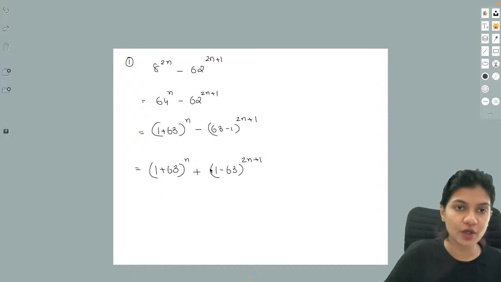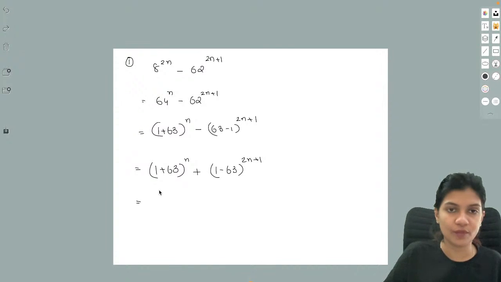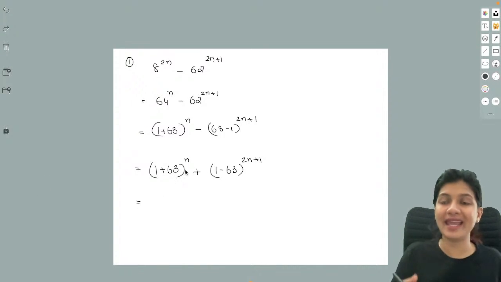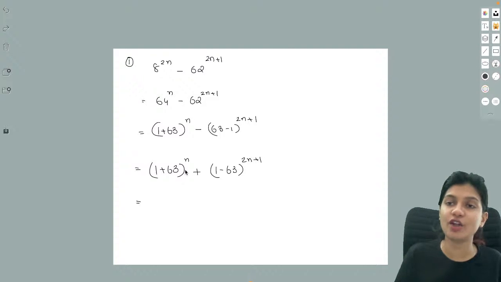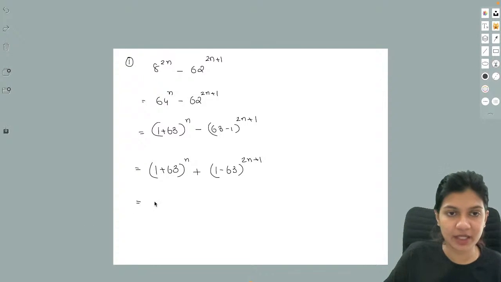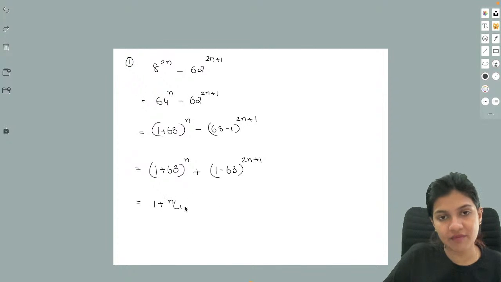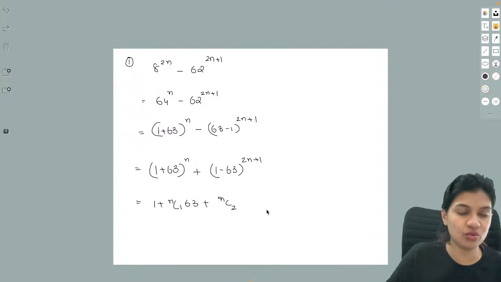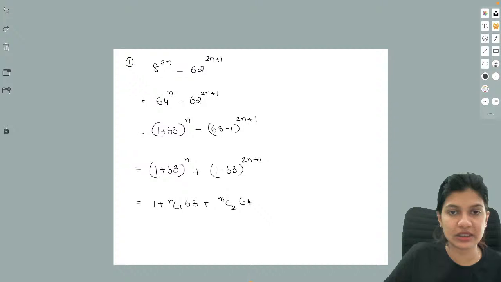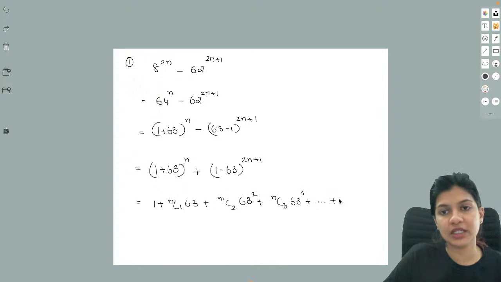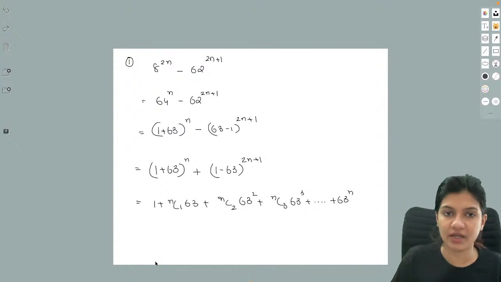Now each of them can be expanded with the help of binomial expansion. The first one will become 1 plus, since the first term is 1, we don't have to bother about 1 in each of the terms. It will be nC1 63, nC2 63 square, nC3 63 cube plus etc. till 63 to the power n.